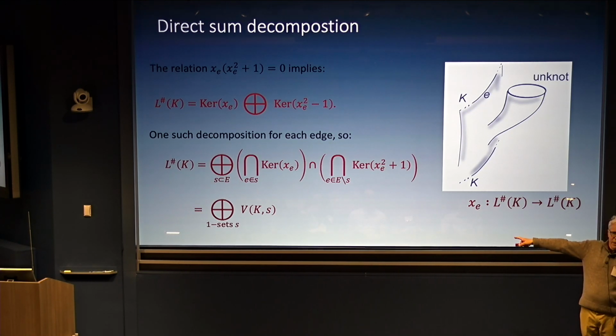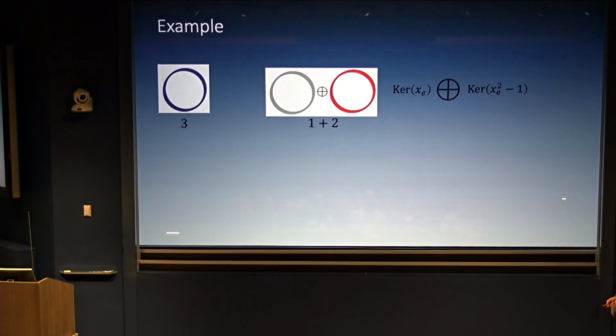So given a web, there's this homology group. It's a direct sum of summands V, one for each one set. There is the unknot. It's got rank 3. The one set is allowed to be the one edge itself. That's the gray guy.